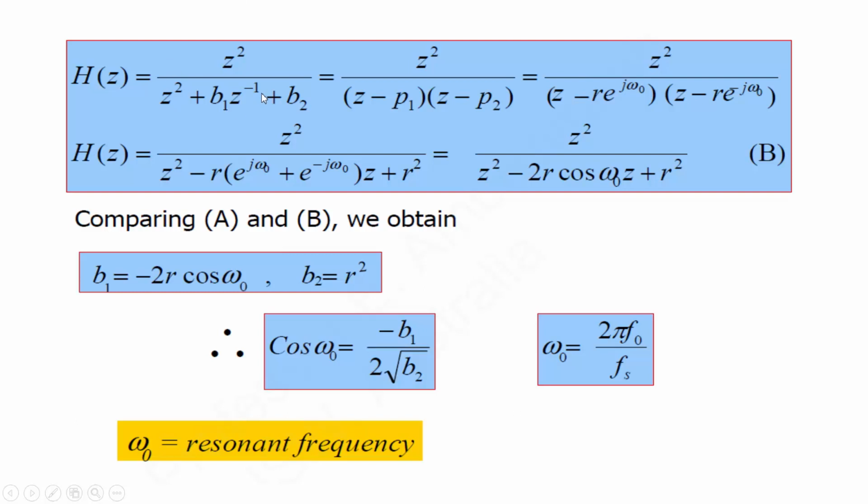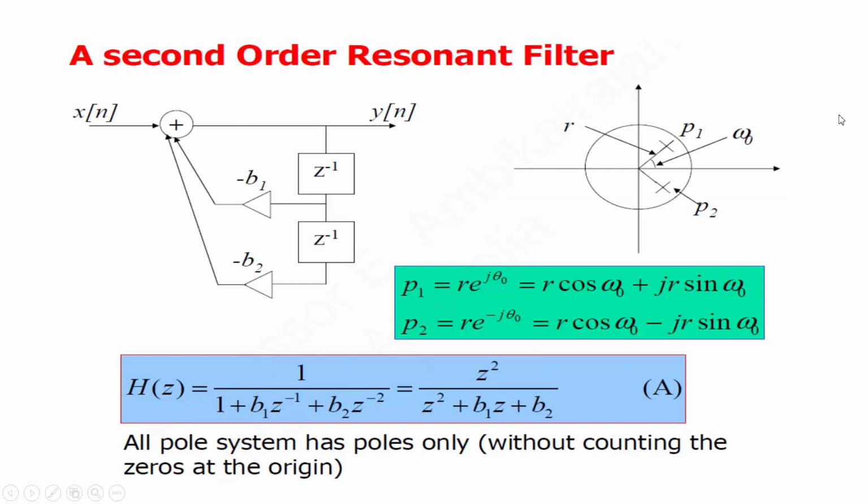Now this is the transfer function. If you factorize the denominator part, you will be able to factorize it like this: z minus p1, which is the first pole, z minus p2, which is the second pole. And these are the pole values: r e to the power j omega 0 and r e to the power minus j omega 0. Omega 0 is a particular digital frequency, because this is omega equal to 0. As you go on this side, the digital frequency will vary.